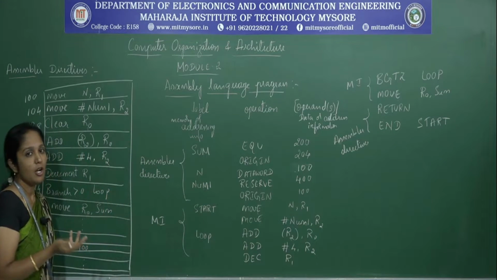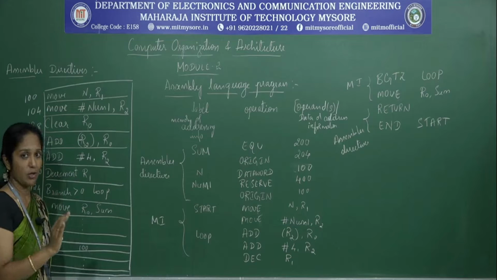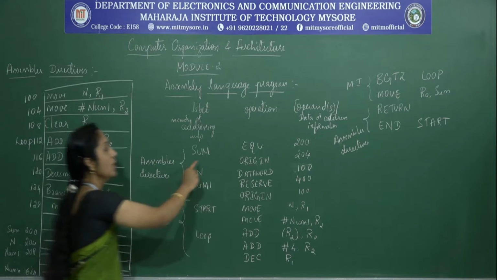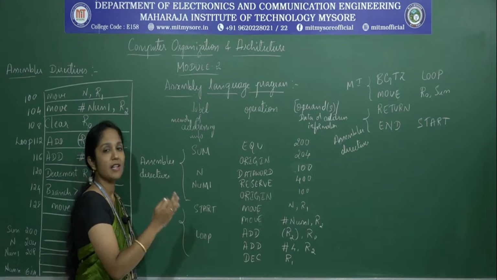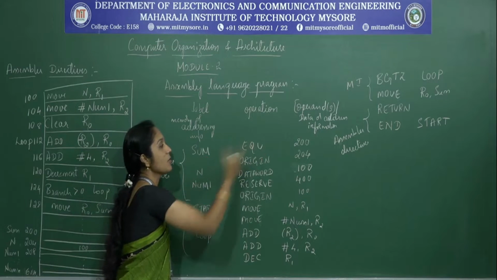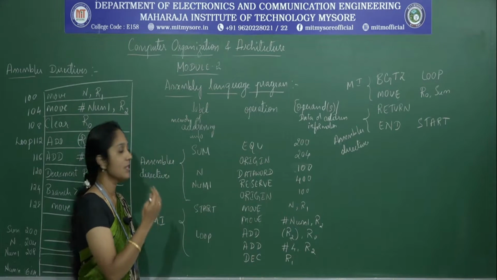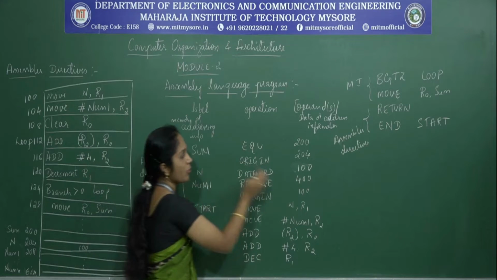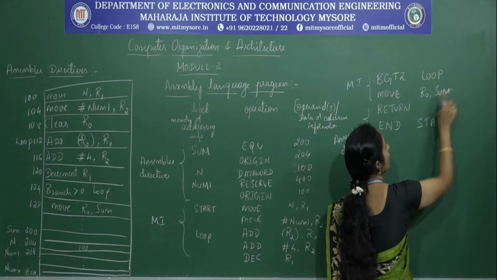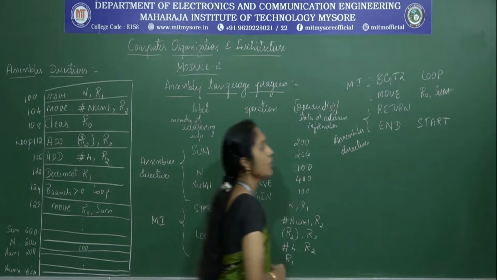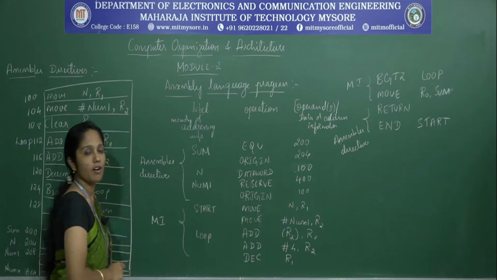It will not be there in the object program and it will not be executed also. So this directs the assembler saying that the name SUM is to be replaced by the value 200. Whenever SUM occurs in the program, it will be replaced by 200. See here, we have SUM, so that will be replaced by 200.